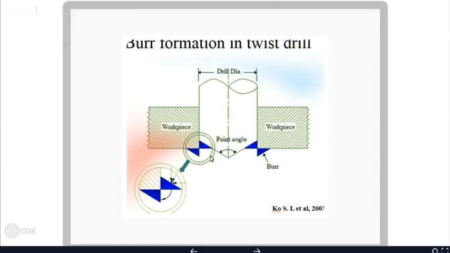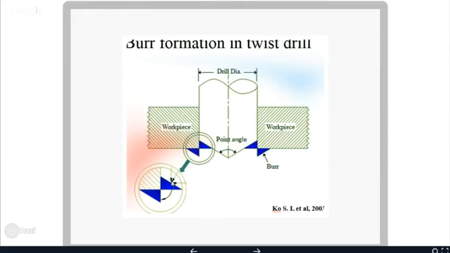If you concentrate on the last portion of the material, which is still attached to the workpiece, no cutting has taken place up till now. We are talking about the end toward the end of the drilling process. Here, if you enlarge this, the drilling takes place, the cutting forces are acting perpendicular to this cutting edge.